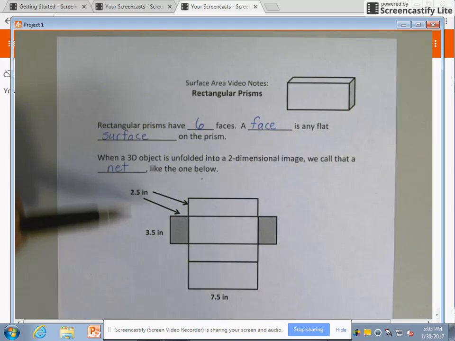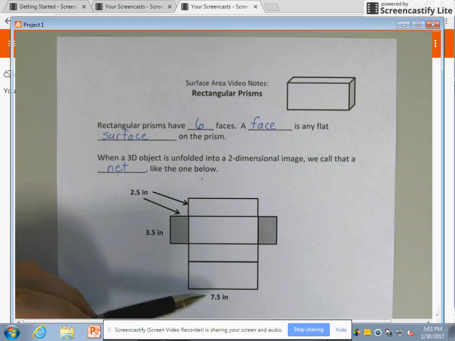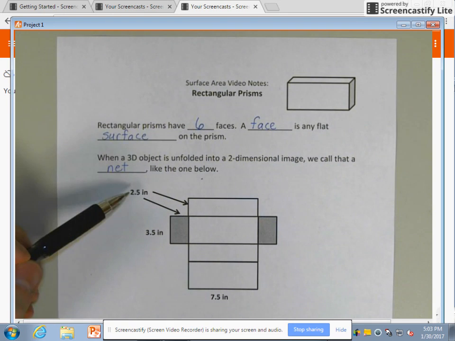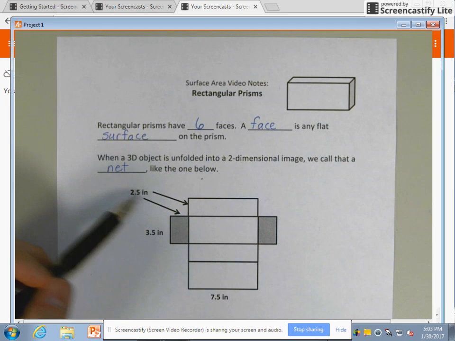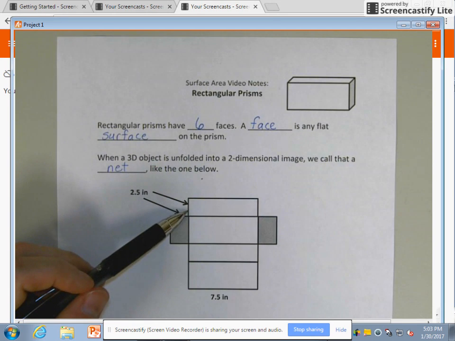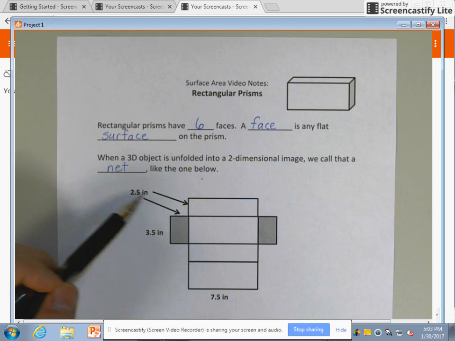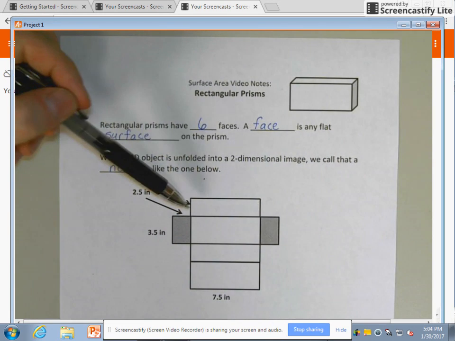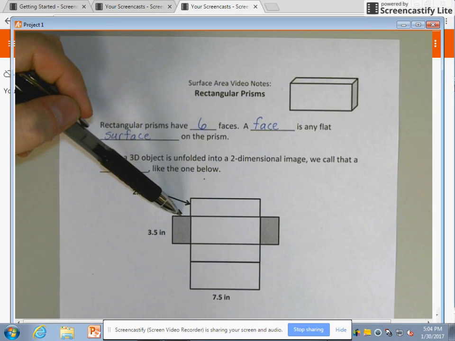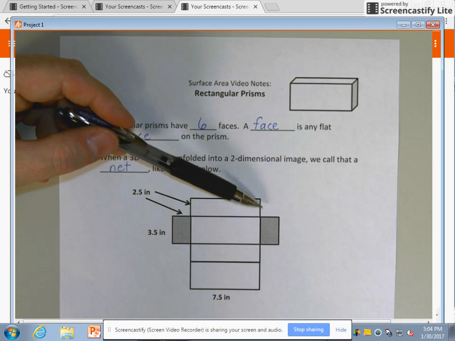If you'll notice the measurements of these pieces of the net, these arrows will tell you that the length of this edge and this edge, they're both 2.5 inches. And if they're 2.5 inches here and here, they're also going to be 2.5 on the other side.